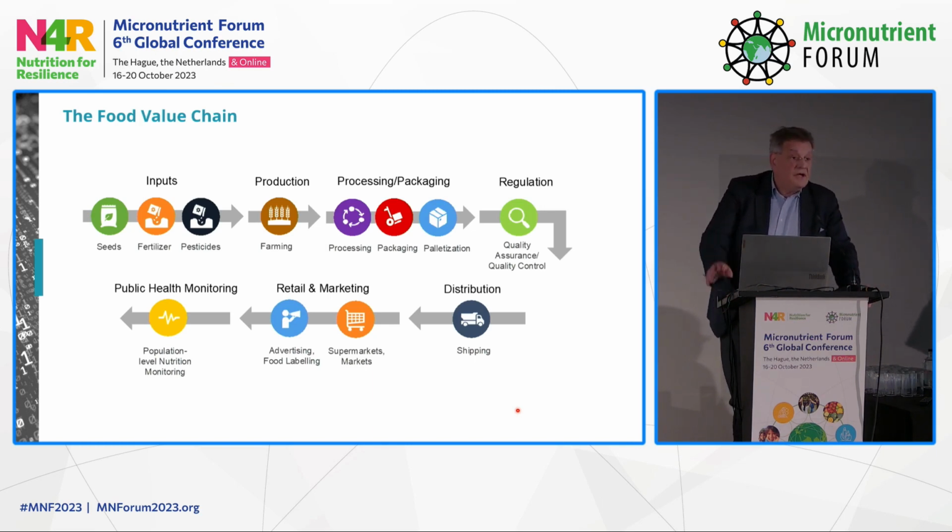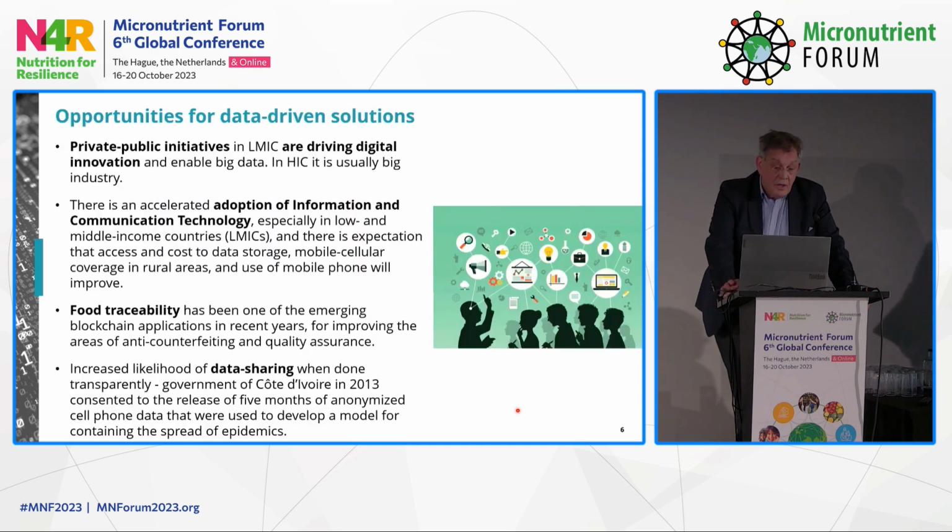How are these data then all brought together? You can imagine that at these different steps, you would assume huge amounts of big data are created, and I'll show you that this is not the case for all of them. It's very heterogeneous what is happening at the moment.